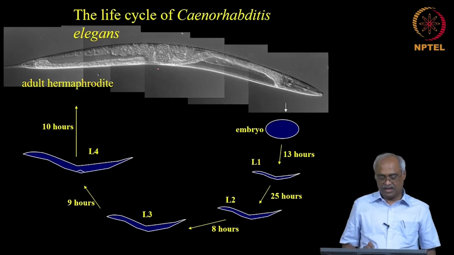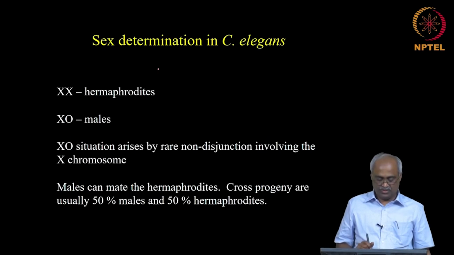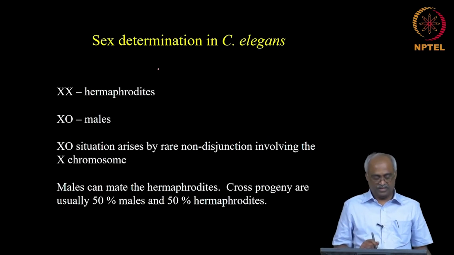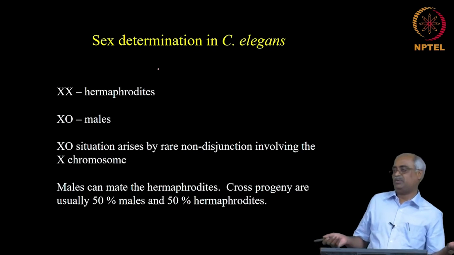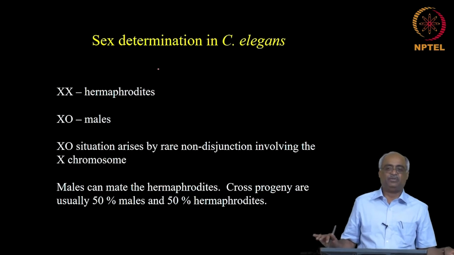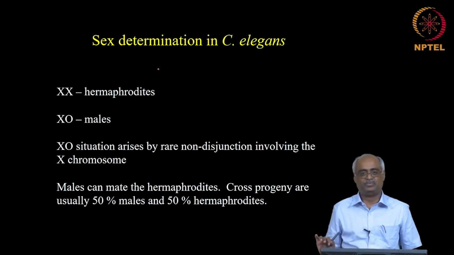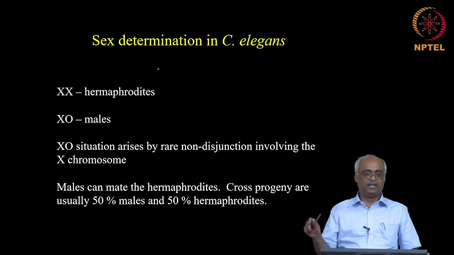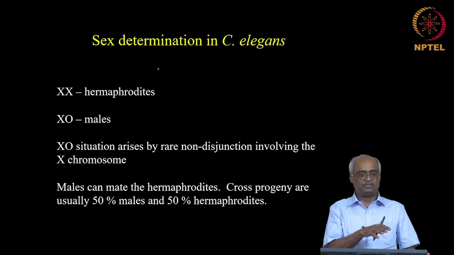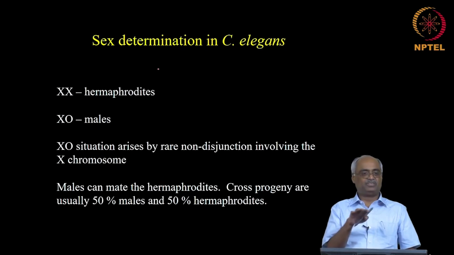Okay. And so that is the hermaphrodite, and the males are normal males like XY males. So anatomically they are differentiated as a male, make a lot of sperm, and they have the copulatory organ to mate with the hermaphrodite, and they do not have a uterus or vulva.